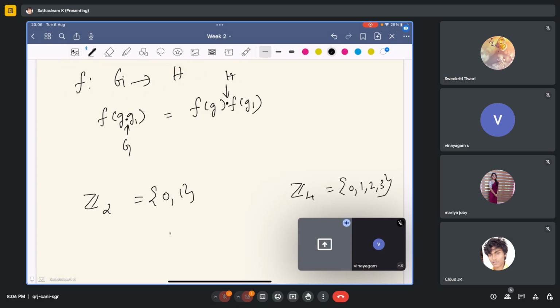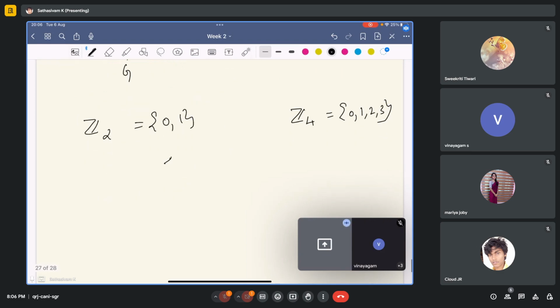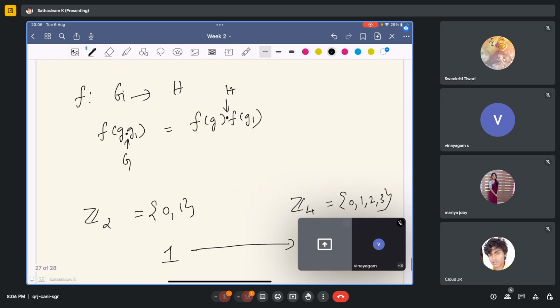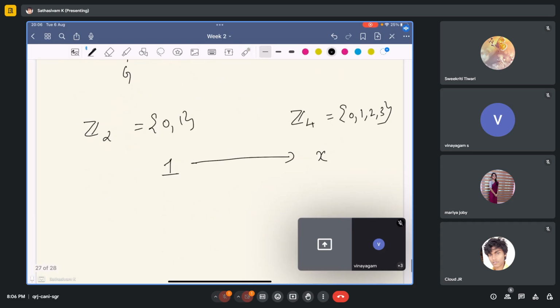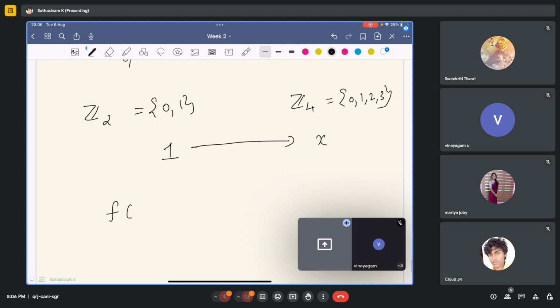So if you have a cyclic group, it is enough to map a generator. Suppose you map a generator to some element X here. That will determine the entire map. Why? Because of the property of homomorphism here. So if you want to find what is f of 2, let's say, cyclic group means what?